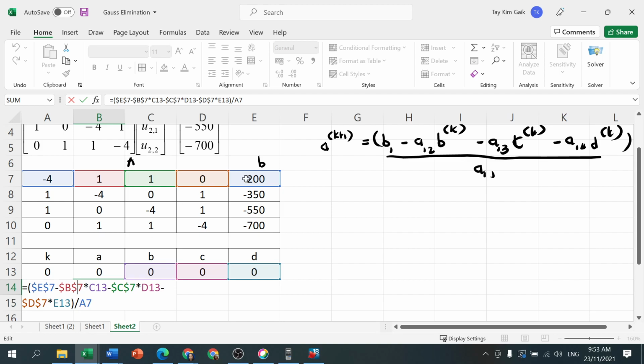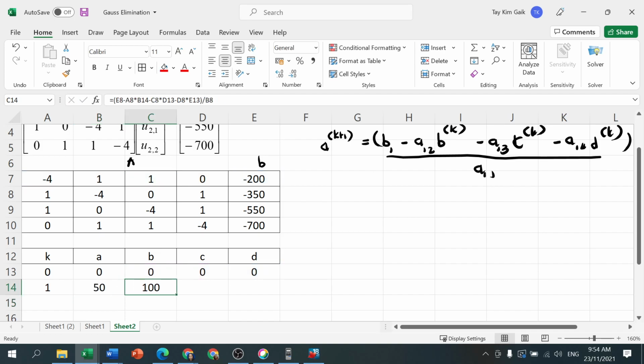I click here: this is B1 minus A12, here B7 times the B at step K, minus C7 times C at step K, minus D7, which is A14, multiplied by D at step K, divide by A11, which is constant. Constants have a dollar.